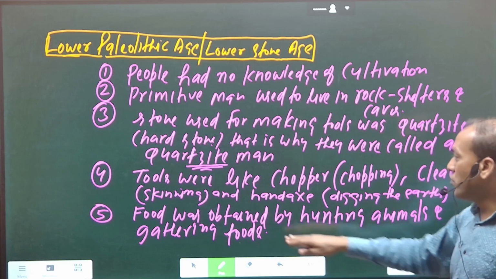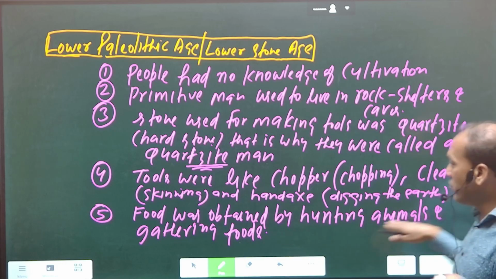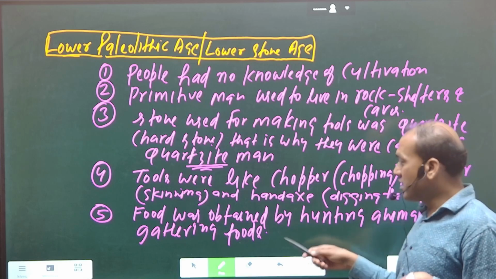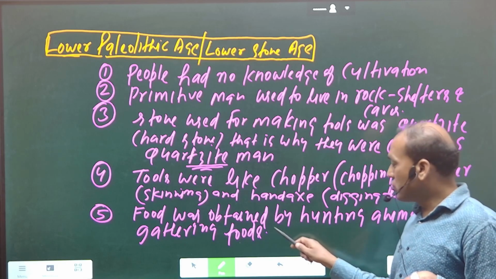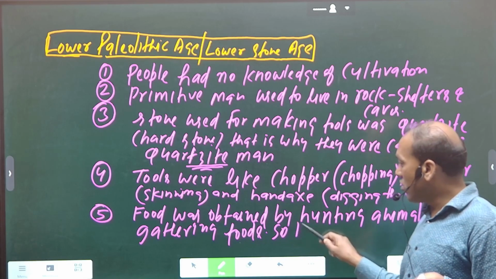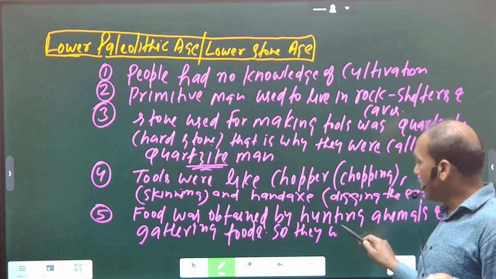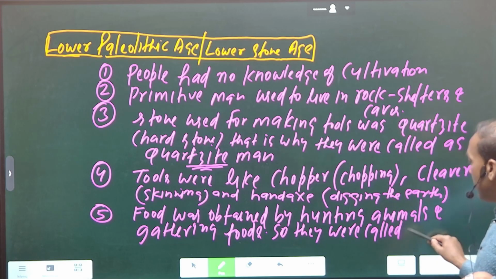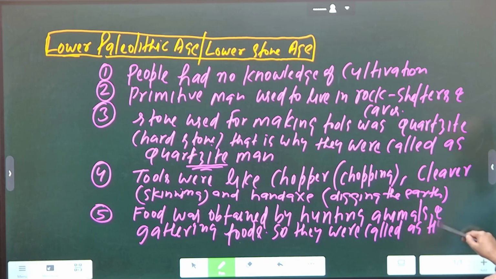Okay, so food was obtained by hunting animals and gathering food. So they were called as hunter gatherer.